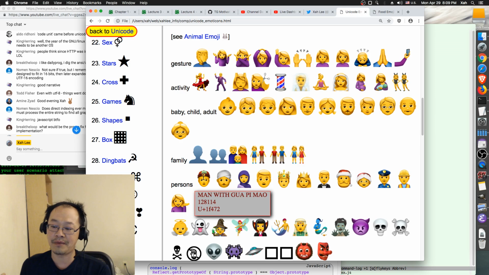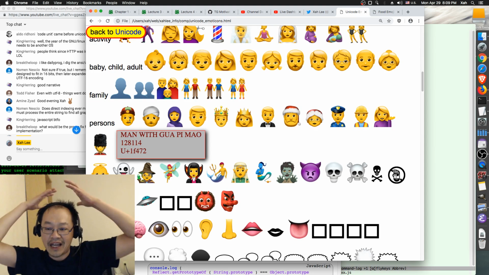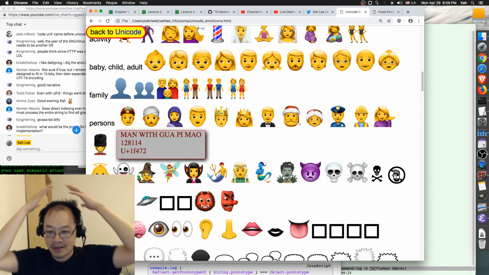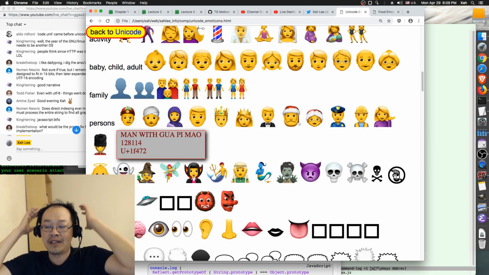So what does that mean? You see this Chinese character face. This face has this hat. You may see the hat in Chinese TV dramas or kung fu movies. Sometimes you see it. This hat is called gua pi mao. Mao means a hat.